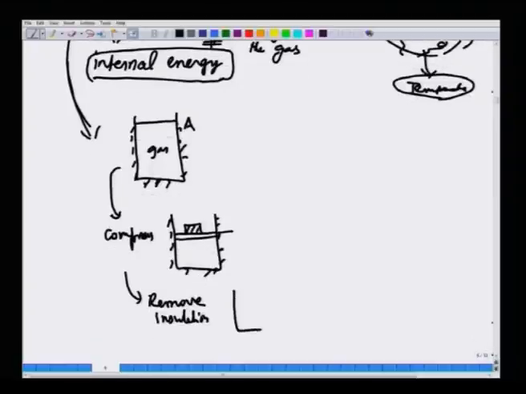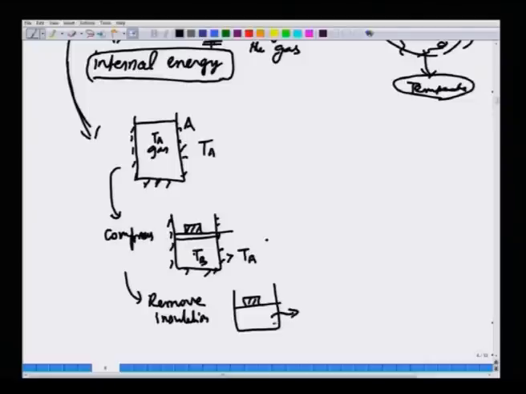So, what will happen is if you remove the insulation, since the gas in the piston cylinder assembly has a higher temperature than the ambient, so Tb is greater than Ta. Initially let us say the gas has temperature Ta, same as the ambient outside, but Tb is greater than Ta.